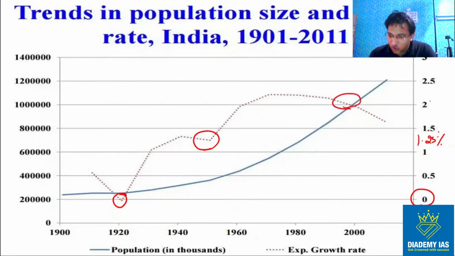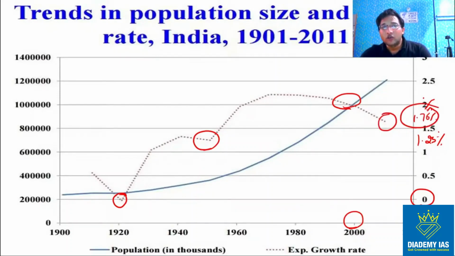Here it was approximately 2% in 2001, and it started declining. So now it is 1.76%, right? And the new data of 2021 has yet to come. ठीक है? So this is the overall growth trend of the population growth rate. ठीक है? So in the latest data, there has been a declining growth rate as compared to the earlier growth rate.